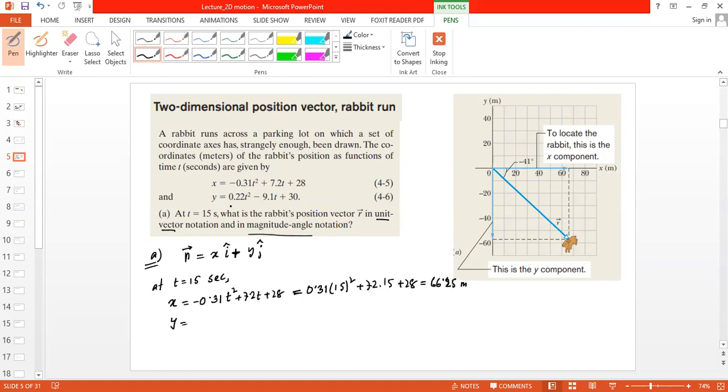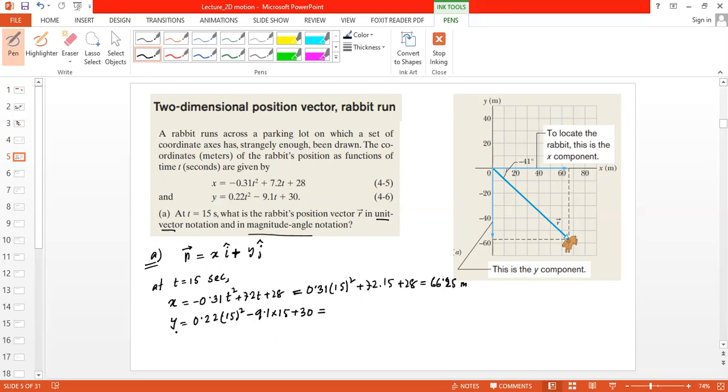And for y, I have to replace t equal to 15 again, as I want to know the value of y at 15 seconds. So this would be 0.22 into 15 whole square minus 9.1 into 15 plus 30.